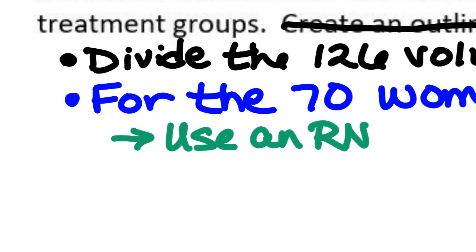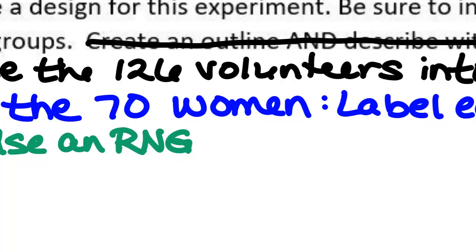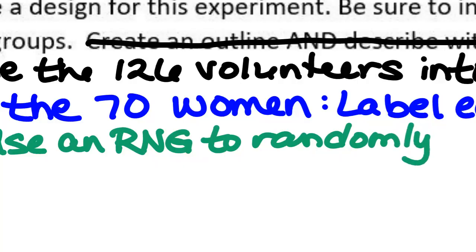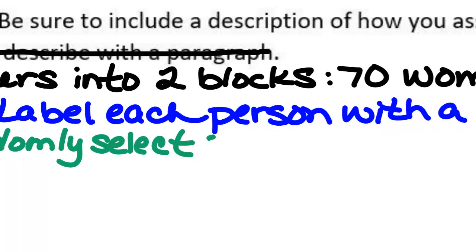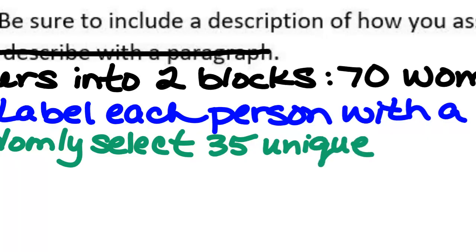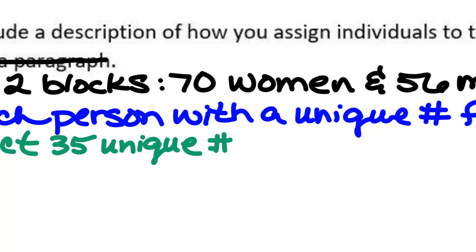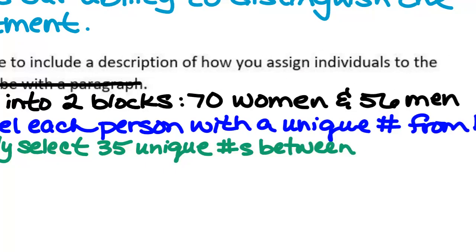Use an RNG to randomly select how many? 35 women, or 35 numbers, sorry, 35 unique numbers between 1 and 70.